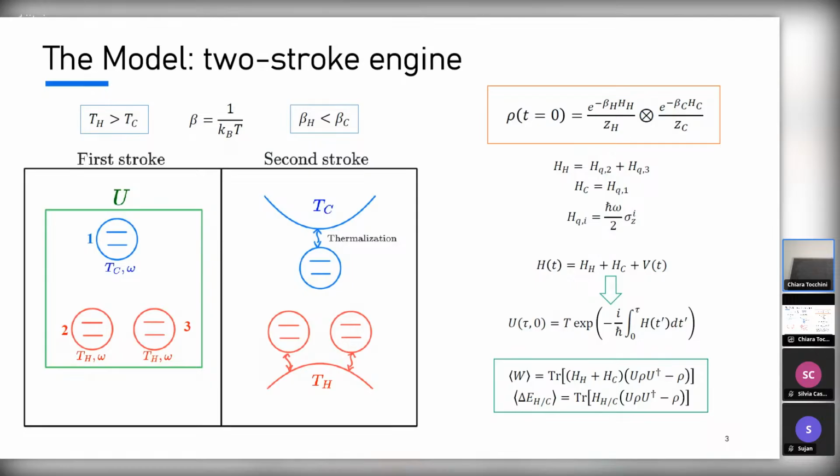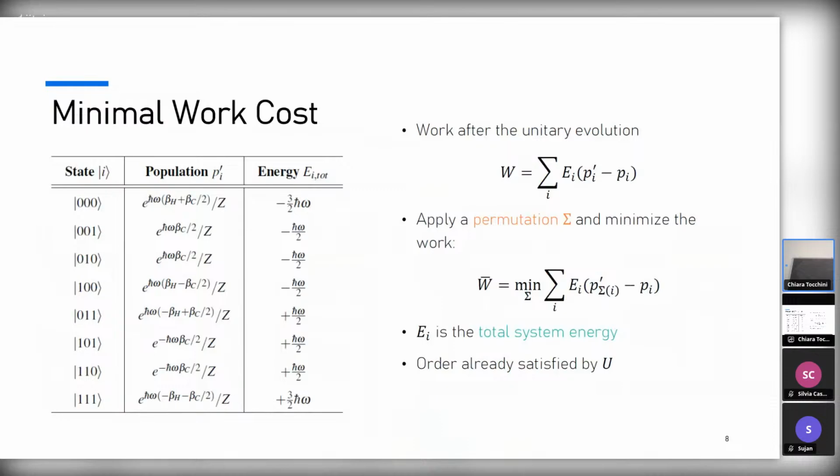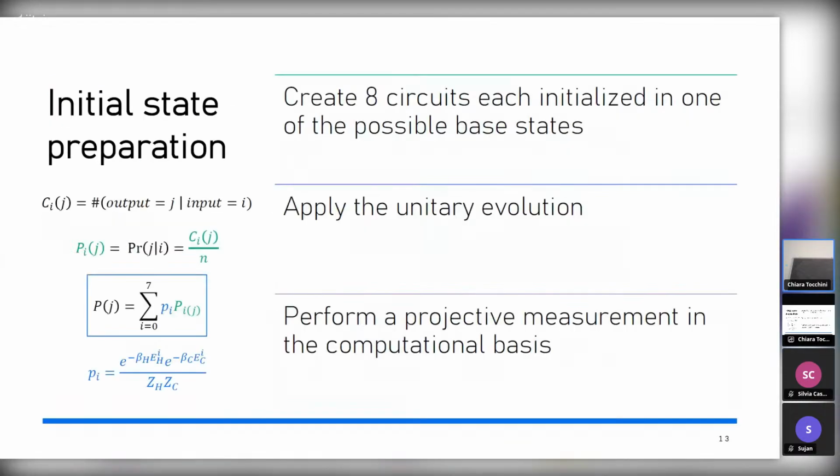Go back to the slide with the state operation. I create 8 different circuits, all independent. Each run you prepare one possible circuit?